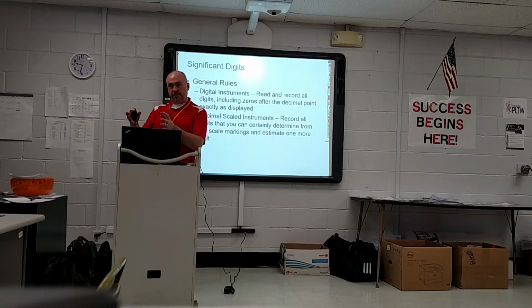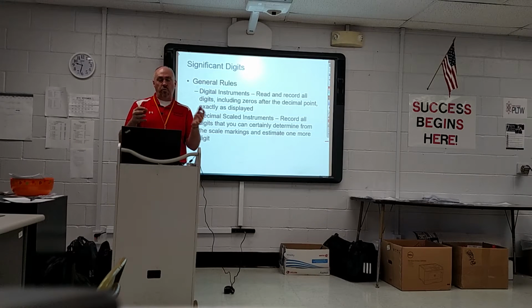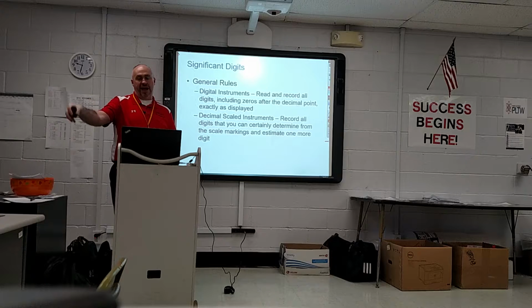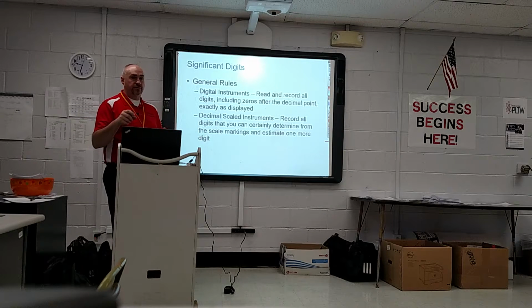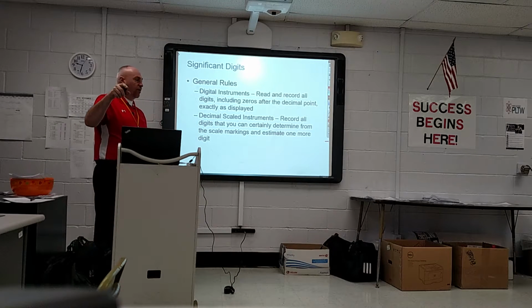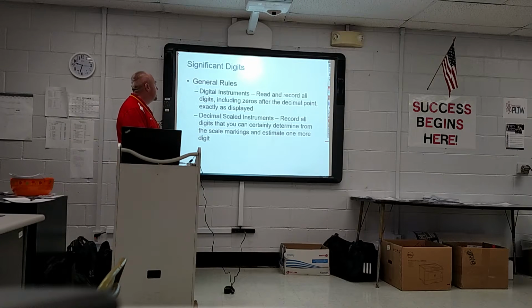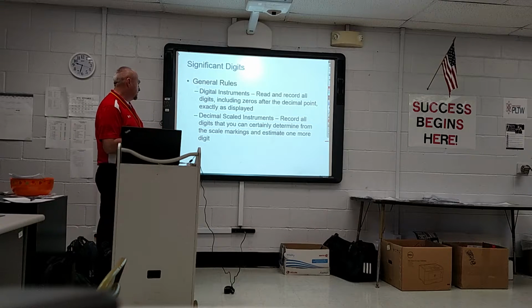And you set something on that scale, and it says that the weight of that is 5.001 ounces. All of those numbers, 5001, would all need to be written down and recorded because they would all be significant digits. And you want to write it exactly as it is displayed on the instrument that you are using.